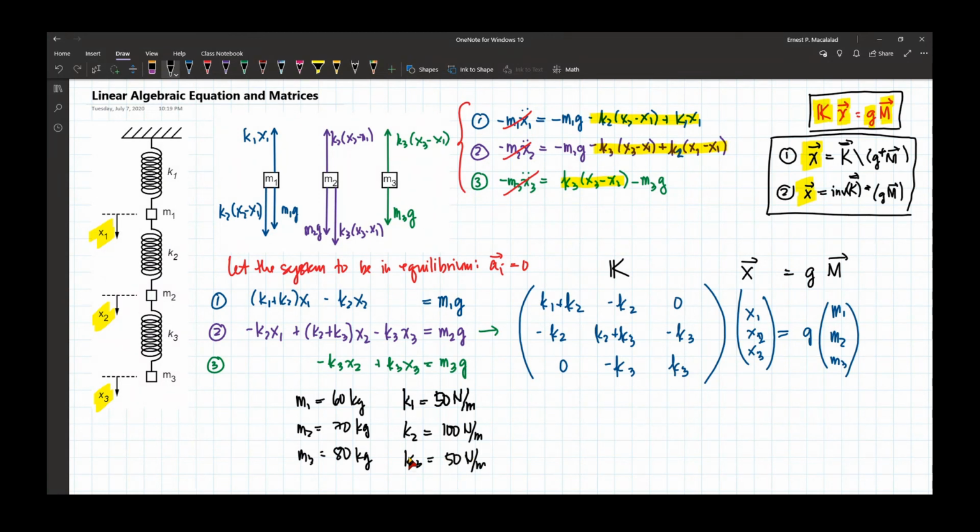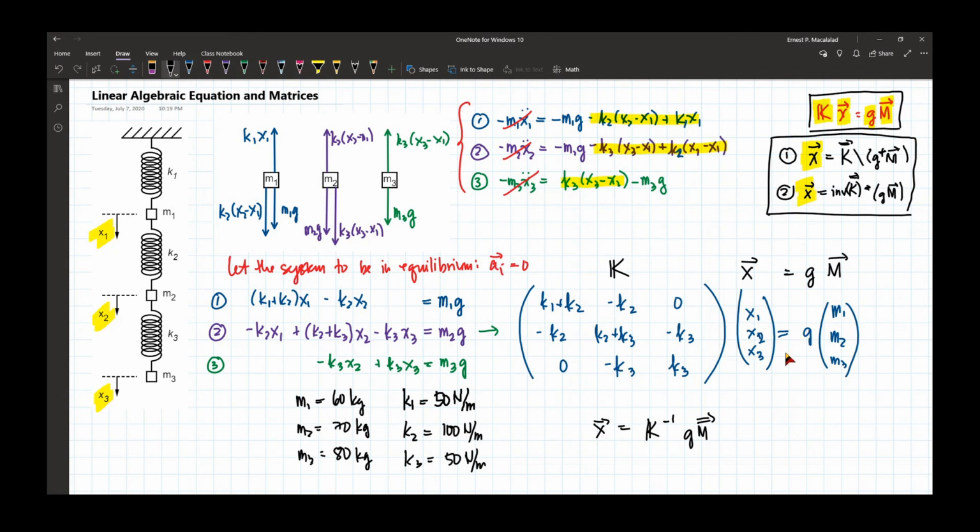Okay? Of course, if you want to substitute this here and solve your matrix algebra by this equation, you can do it as well. It's very easy because we have very small matrices.